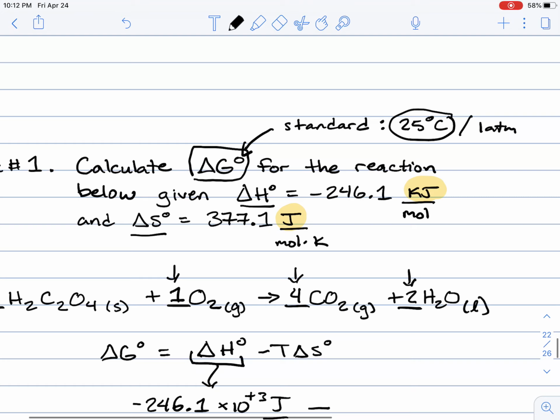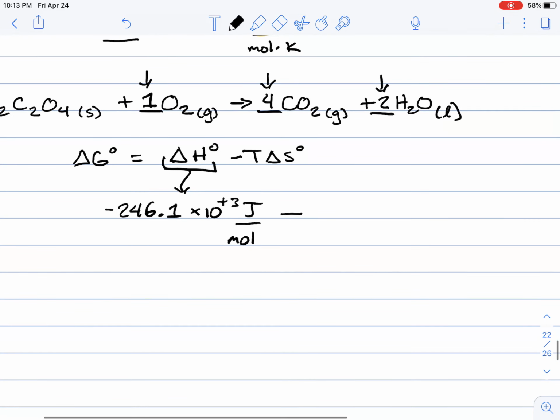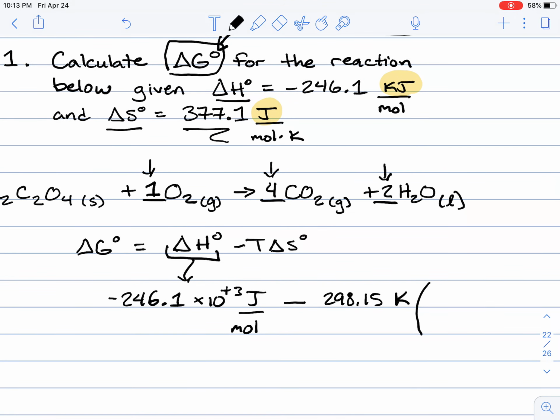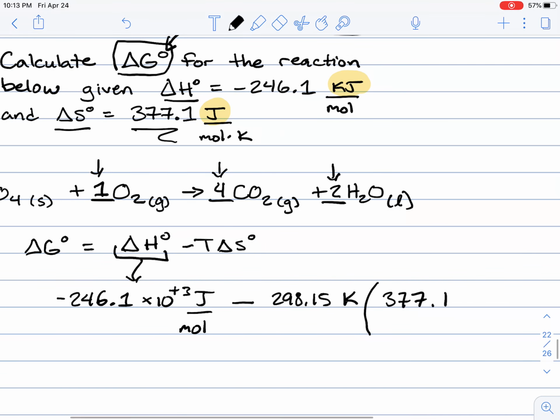We need to convert this into Kelvin, just add 273.15, and that's going to give us 298.15 Kelvin. And so here I'm going to put 298.15 Kelvin, and then I'm going to substitute in the value for my entropy. In this case, it's going to be 377.1 joules per mole Kelvin.